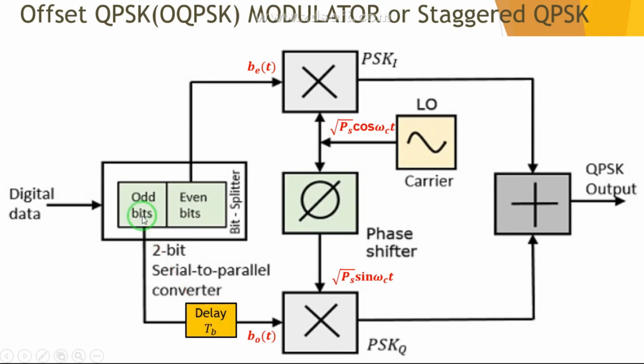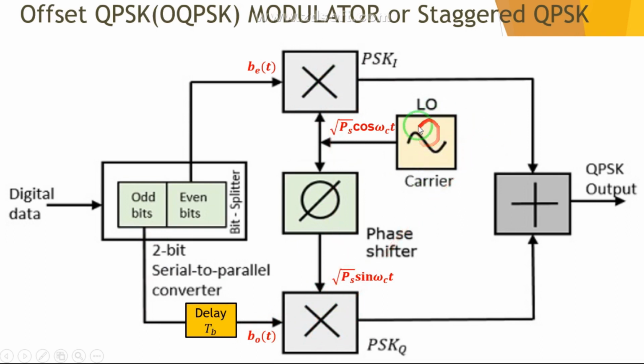It means each bit in the odd bit stream is going to be delayed by a duration of T_B. After that, there are two multipliers, multiplier 1 and multiplier 2.